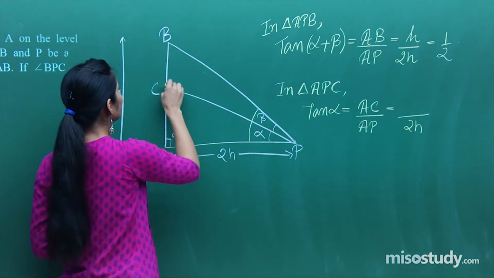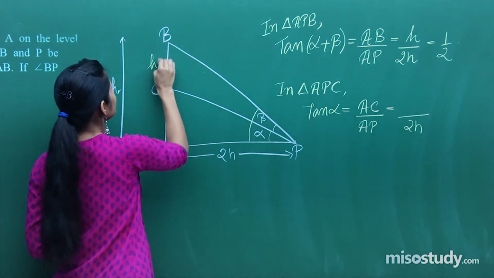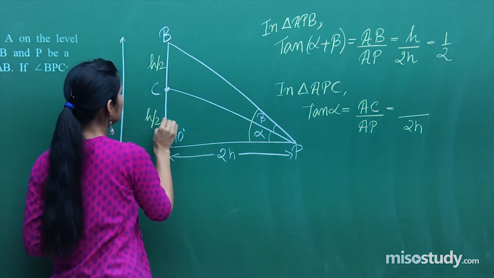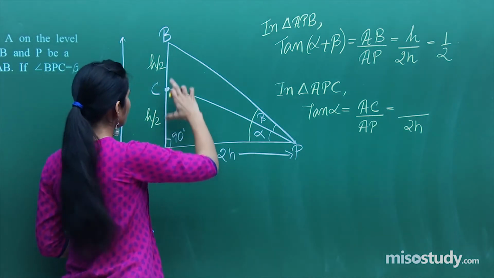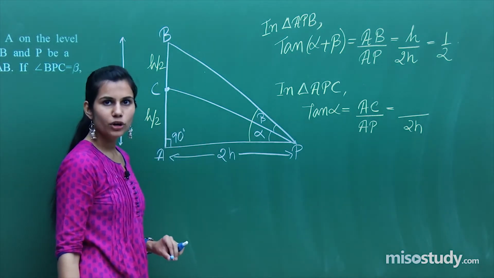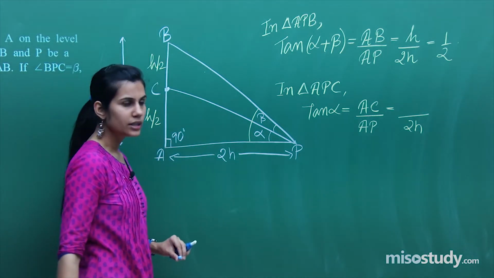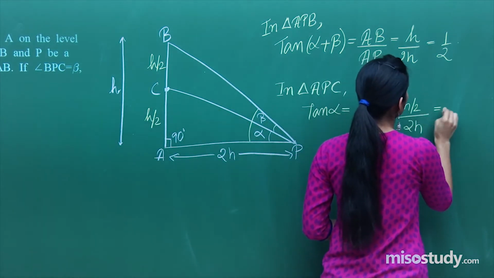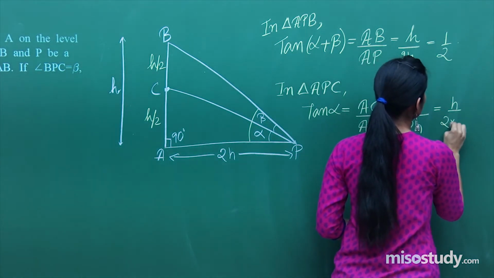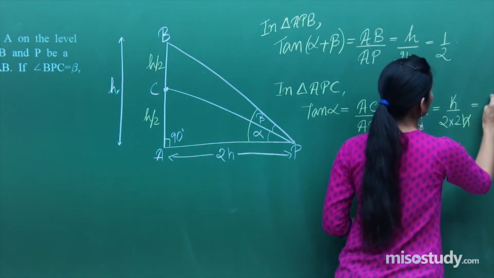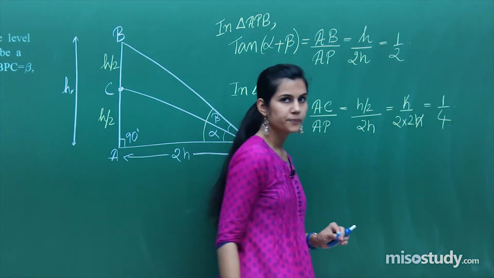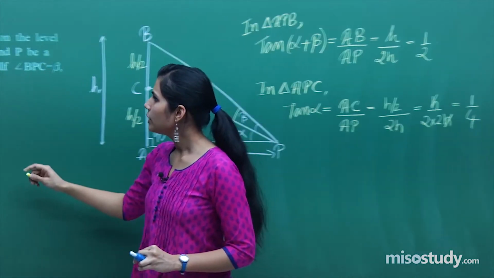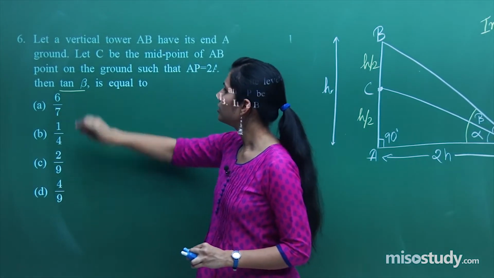Because C is the midpoint of AB and AB is of length H, AC is H by 2. What you get is H by 2 into 2H, that is 1 by 4. The question is to compute tan beta.